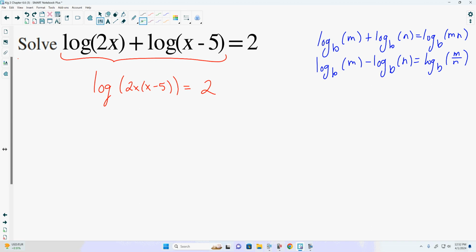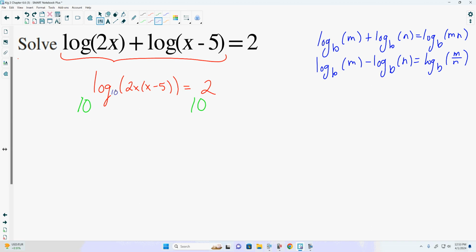Now, the next step would be to what? Put both sides to the base of... Because what is our base? Because remember, whenever it's not written, it's understood to be 10.